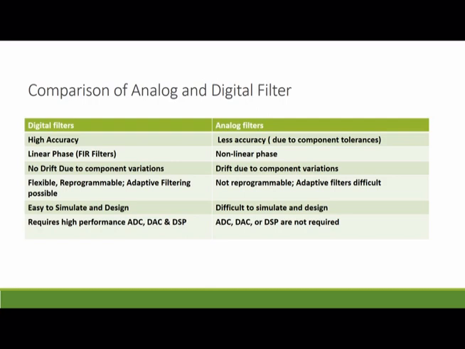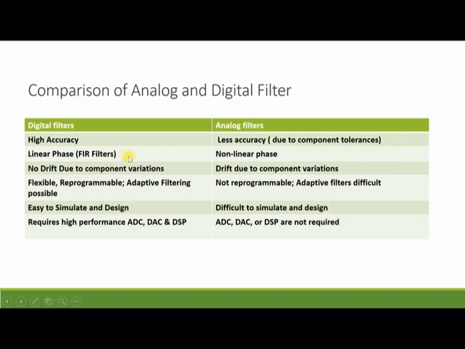The digital filter adapts to the changes by means of adaptive algorithms and modifies the weights and coefficients of the digital filter. Such a provision is not there in analog filters.